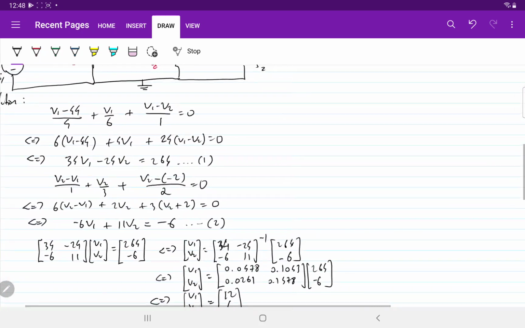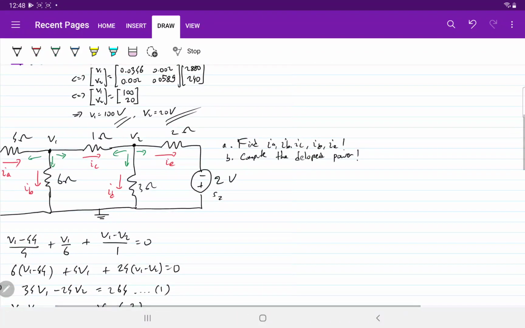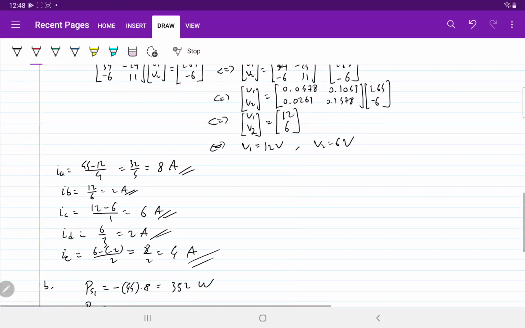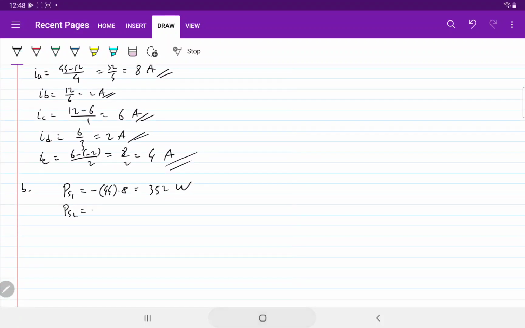How about the power at the second voltage source? We have voltage is 2, but the current is going into the negative sign first from IE. But that is equal to this current here, IE, going out from this positive sign, so we still have the negative sign: minus 2 volt times IE, which is 4, so we have minus 8 watts.